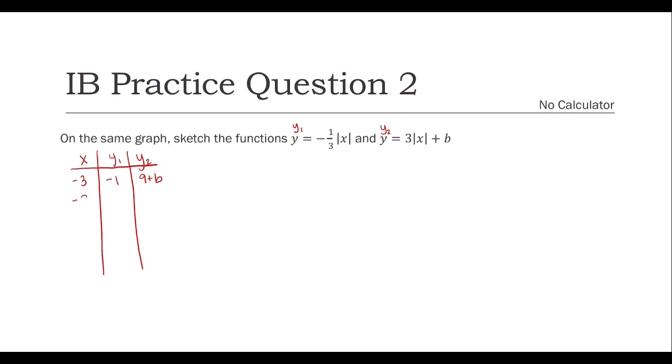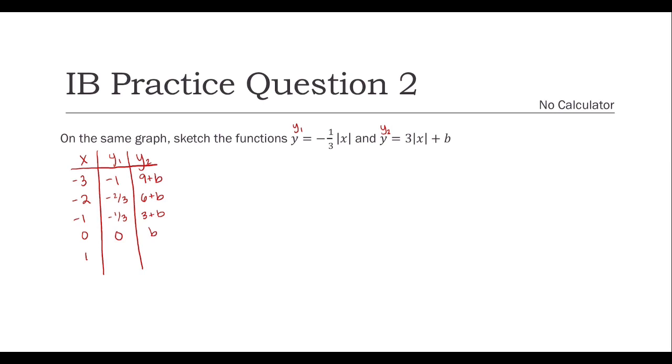When x is -2, we'll have -2/3 for y1 and 6 plus b for y2. When x is -1, we'll have -1/3 for y1 and 3 plus b for y2. When x is 0, y1 is 0, and y2 is b.